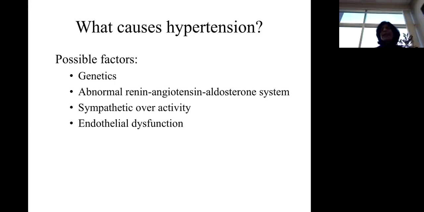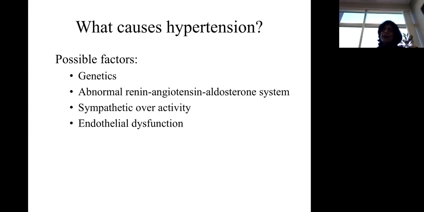What if the renin-angiotensin-aldosterone pathway is consistently activated? That would increase blood pressure non-stop, and that would lead to hypertension. Okay, sympathetic overactivity. We know that sympathetic activation causes an increase in heart rate, increase in stroke volume, so overall an increase in cardiac output.